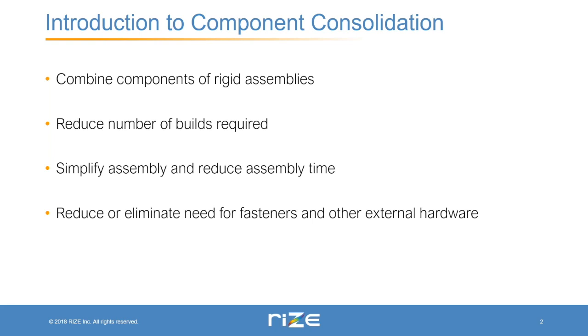By reducing the number of components from, say, 10 components down to perhaps 3 components or sub-assemblies, you're now only assembling 3 components together instead of 10. And finally, it's able to reduce or eliminate the need for the fasteners and other external hardware that you would previously have been using to combine those components together.